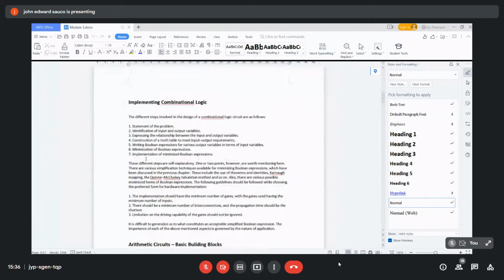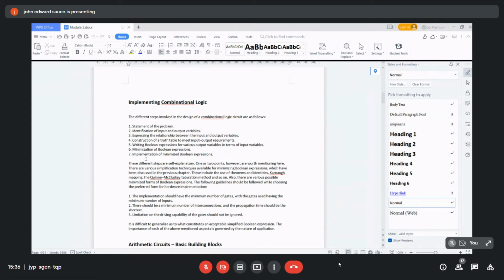So, implementing combinational logic, siyempre, unahin natin para gumawa ng design is yung state the problem and identify mo yung input-output, then yung relationship ng input-output, and construct ka ng truth table, gamit yun. Then, tulad ka ng Boolean expression, tapos i-simplify mo siya.